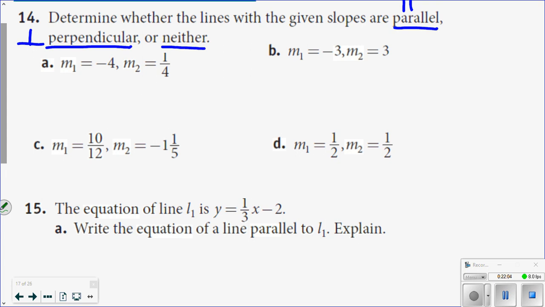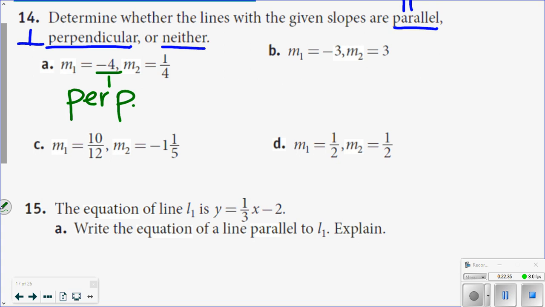Well, think about, if this is 1 over 4, could this be 4 over 1? Yes. All whole numbers are being divided by 1. All integers are being divided by 1. We just don't write them. So letter A, these are perpendicular. They're opposite reciprocals.